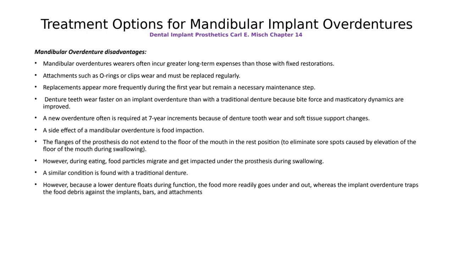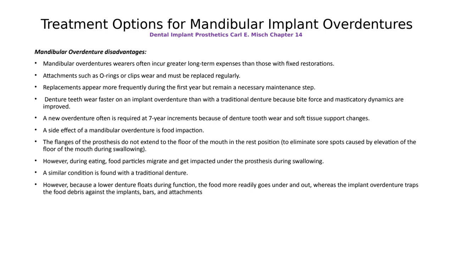If the prosthesis went all the way into the sulcus, all the way into the floor of the mouth, then the food wouldn't have a path to go under the denture. But because that's cut short, the chances of the food getting underneath the denture are greater.